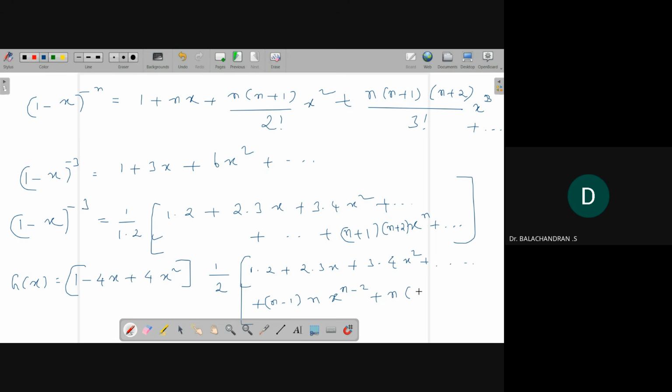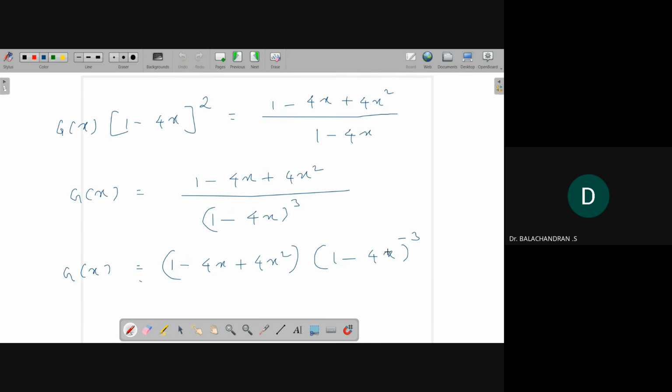So n into n plus 1, n into n plus 1. Oh sorry, it should be 4x, because 4x whole power n minus 2. Here instead of x, I should write 4x. 2 into 3 into x, but here instead of x we have 4x.